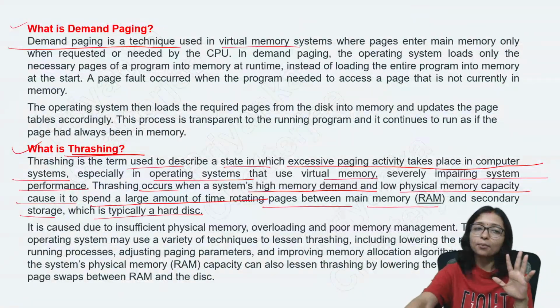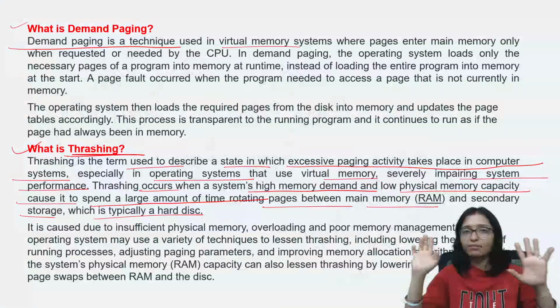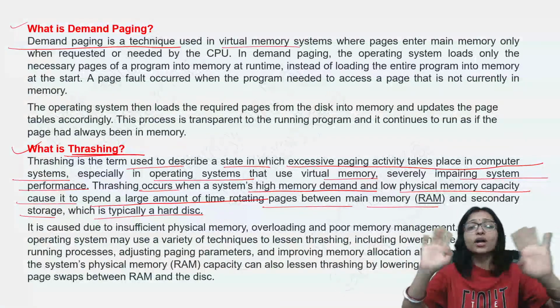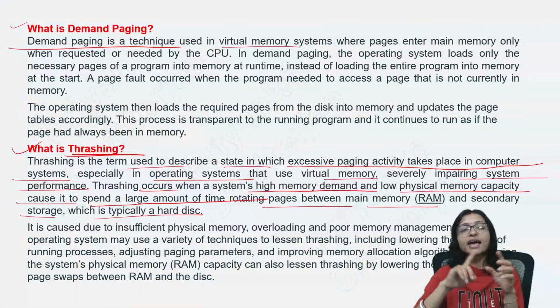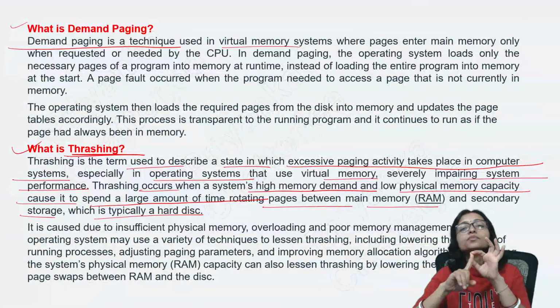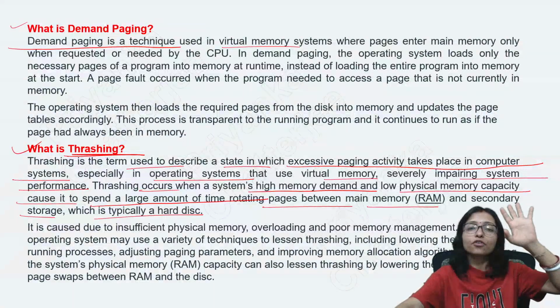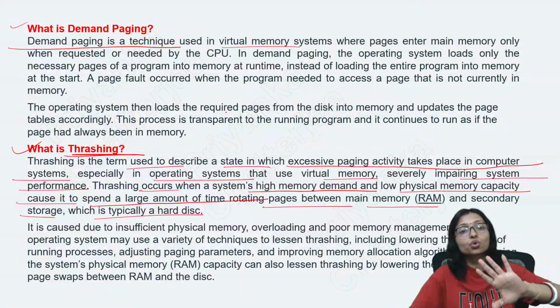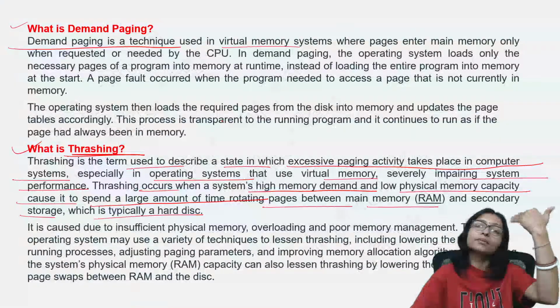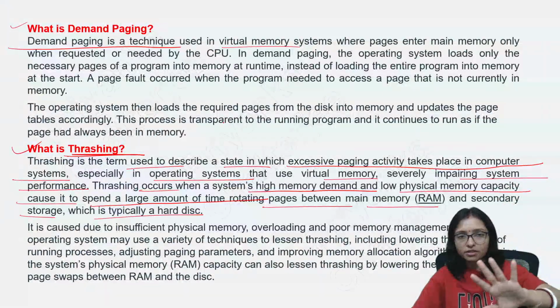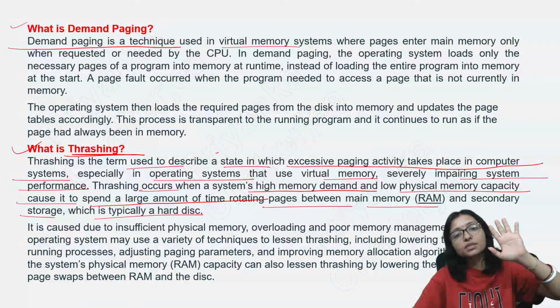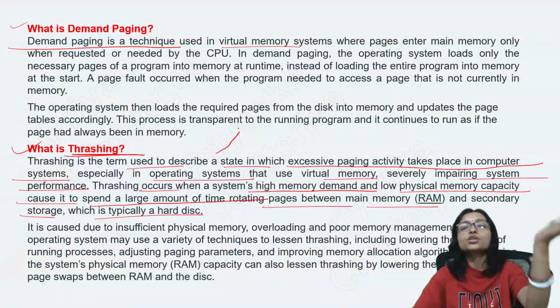What is happening? I am telling you a practical example of thrashing. By reading this you are not able to understand what is thrashing. Actually thrashing is that the CPU is trying to improve the performance. CPU is trying to show that in 1 unit of time I am able to do so many tasks, I am able to run so many processes. So the CPU is busy in swap in, swap out.